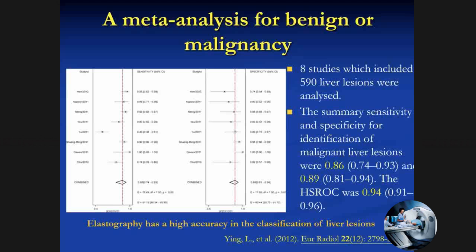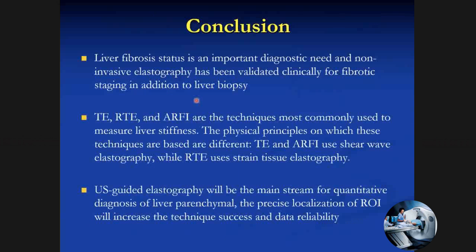Finally, I have to say the liver fibrosis status is an important diagnostic need, and more and more important. Non-invasive elastography has been validated clinically for fibrotic staging in addition to liver biopsy. TE, RTE, and other such techniques are most commonly used to measure liver stiffness.